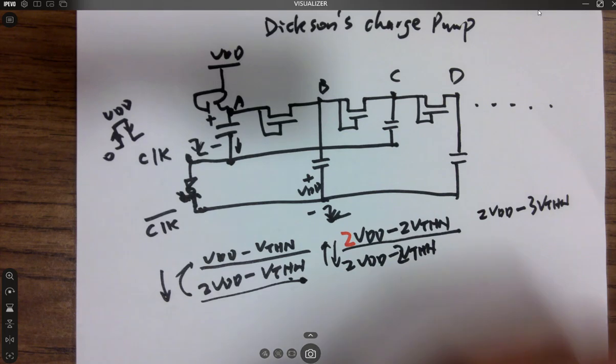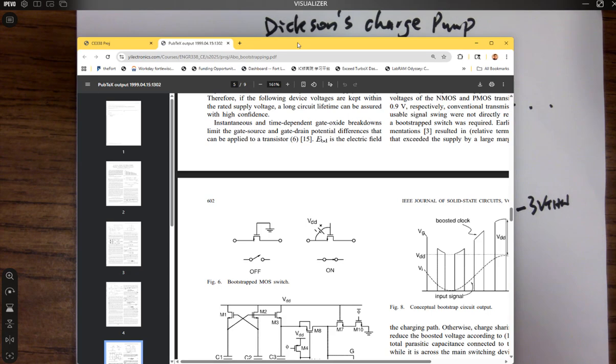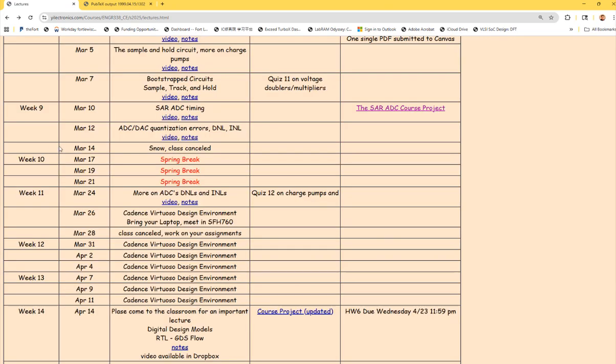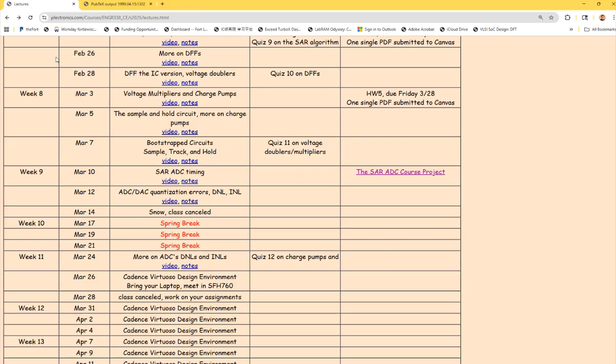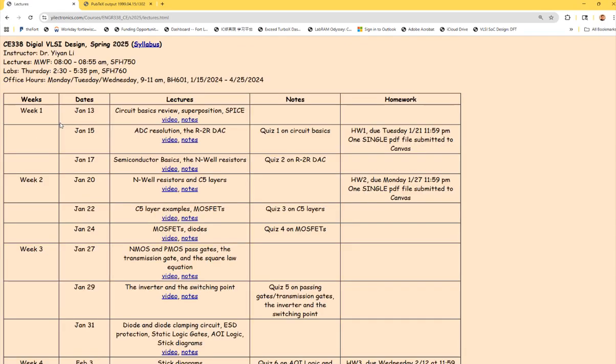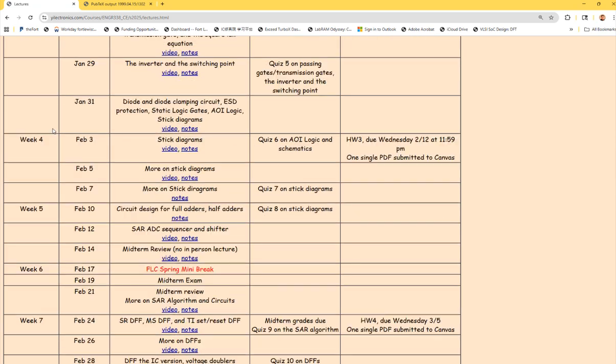What is going wrong? Let me look at the notes I had last time. B should have a capacitor. B's missing a capacitor, I think.